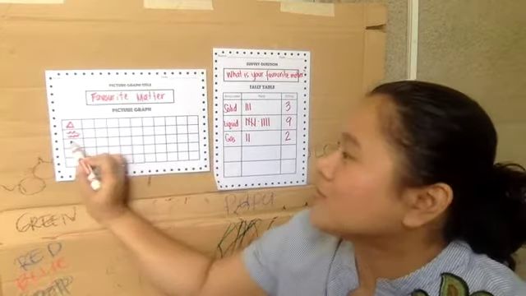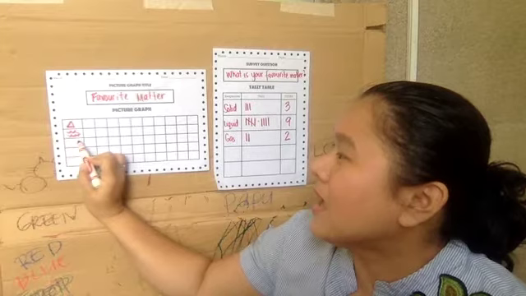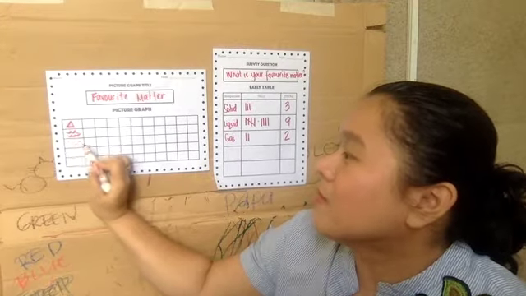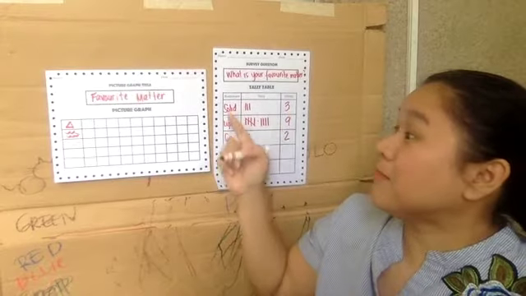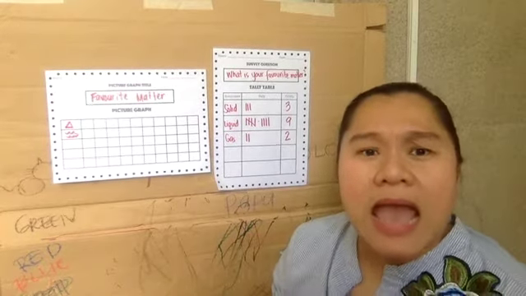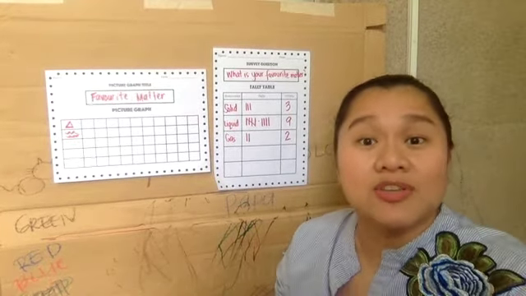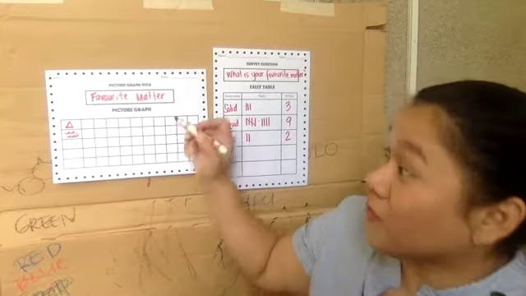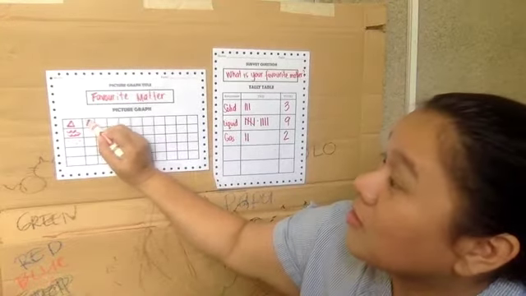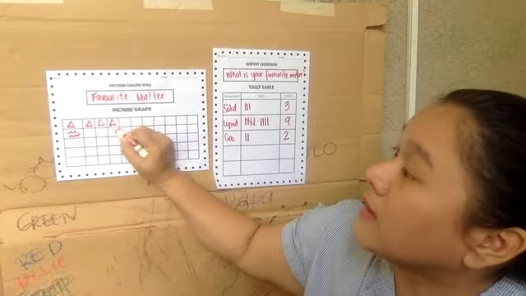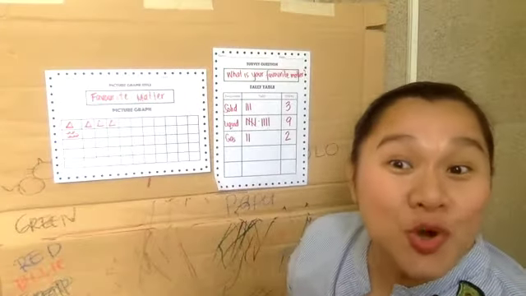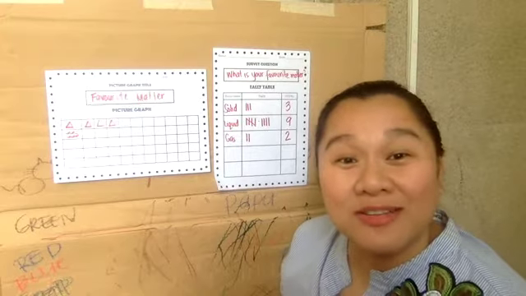So let me just make lines like this for air. If three people chose solids, how many triangles should I draw? Of course, I should draw one, two, and three to show that three people like solids.